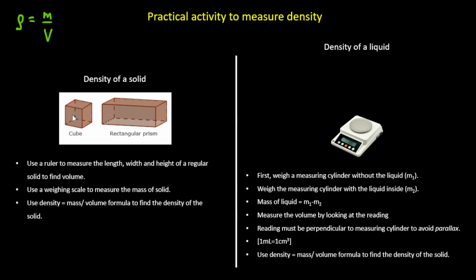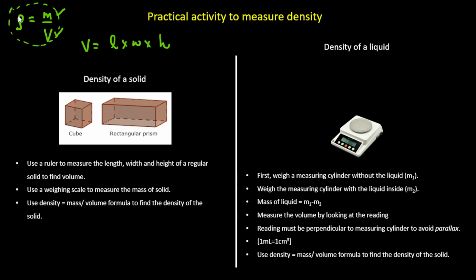For example, if you're given a solid, you will use a ruler to measure the length, width, and height. When we find the length, width, and height, then we can calculate the volume. Afterwards, use a weighing scale to measure the mass of the solid.